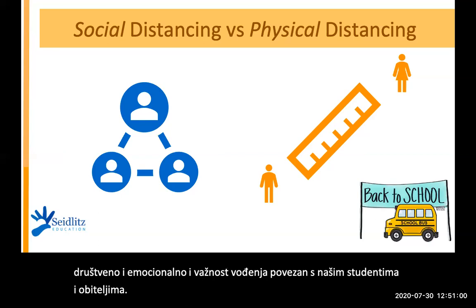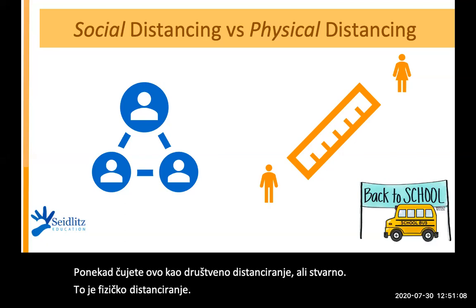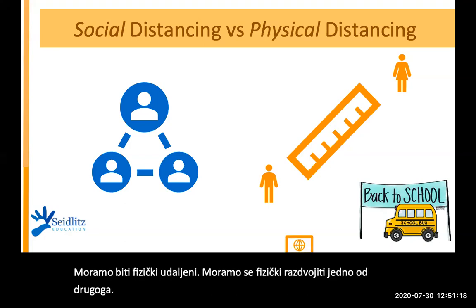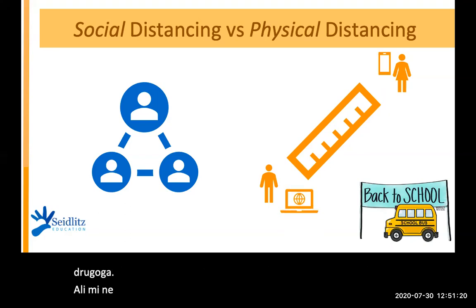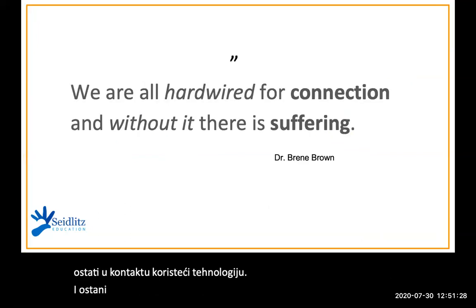Sometimes you hear this as social distancing, but really it's physical distancing. We don't want to be socially distant. We have to be physically distant. We have to keep separated physically from each other, but we don't want to be socially distant from each other. So we can keep in touch using technology and stay social with our kids and our families.